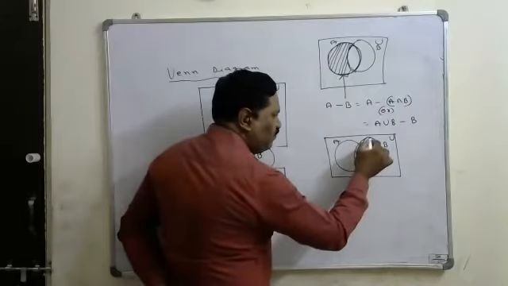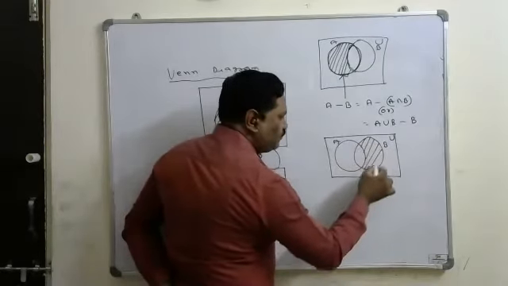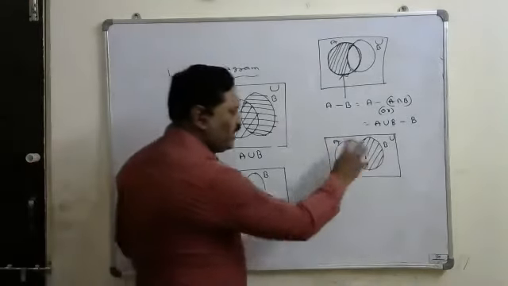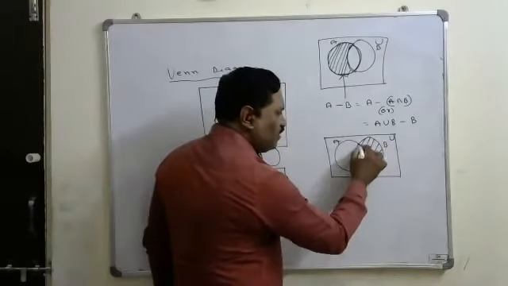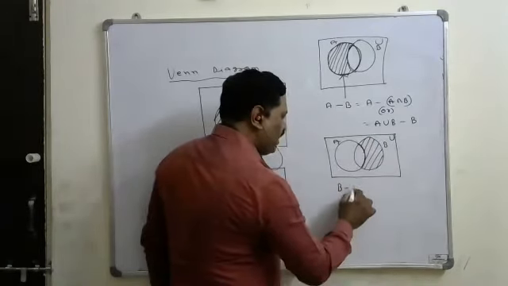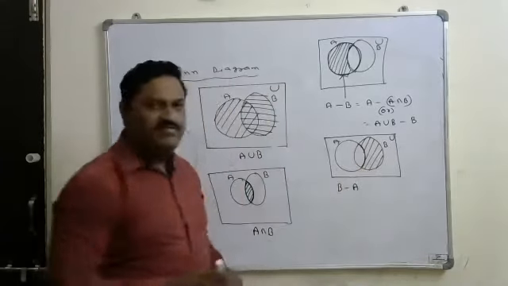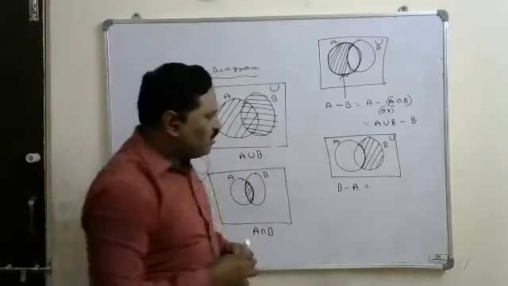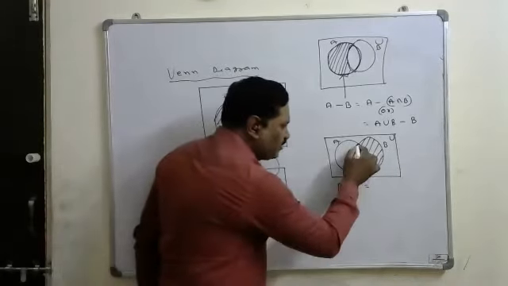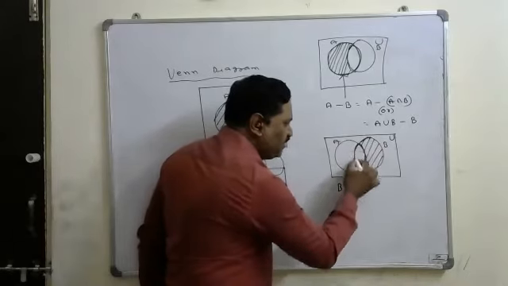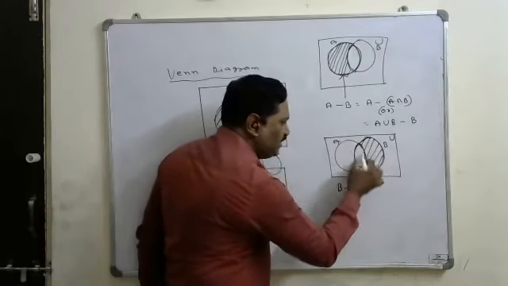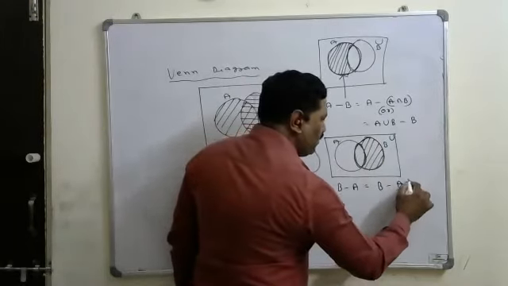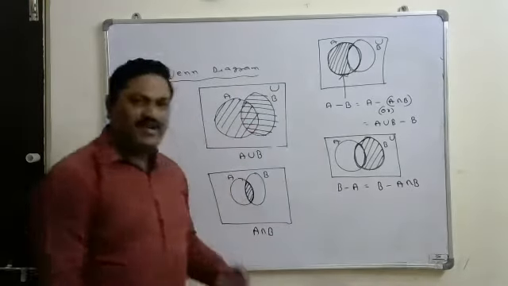If I consider the area which is available in B only, means this hashed area which is available in B, that is B minus A. This hashed area we will write as B minus A. You can also write that from this entire B set, if I subtract this intersection part, then we get this area. We can write that as B minus A intersection B.